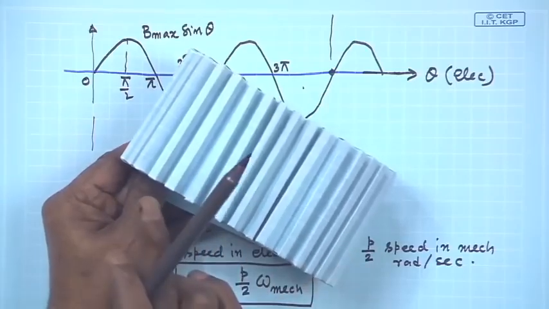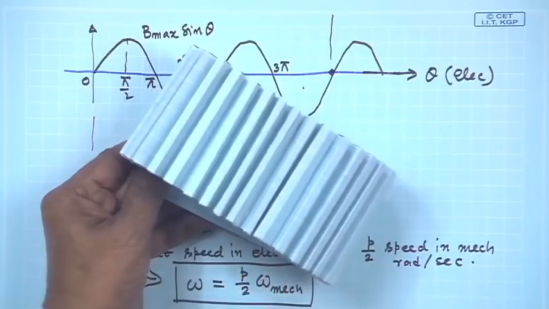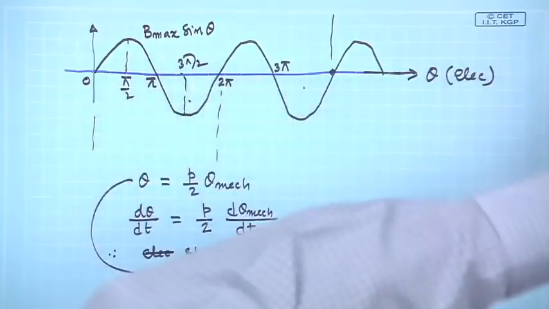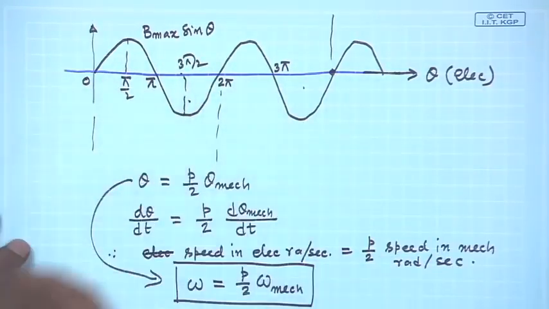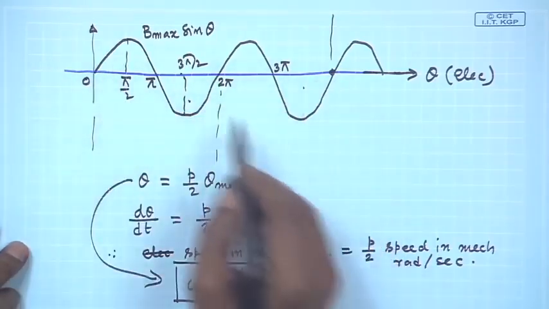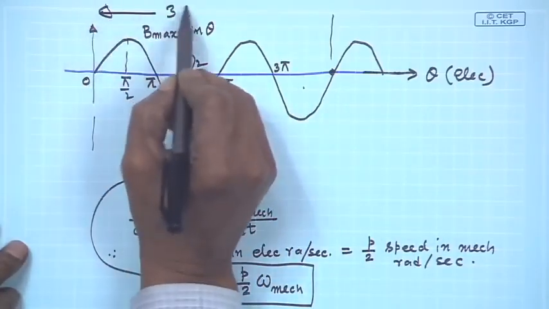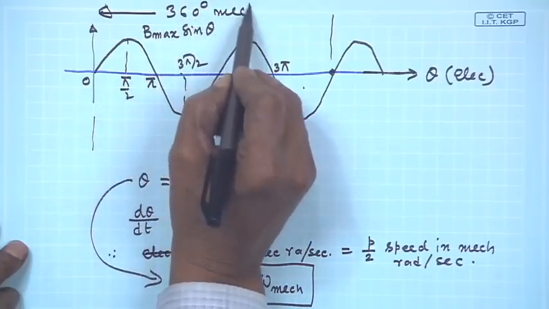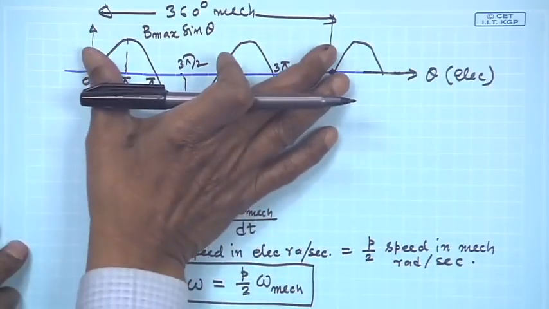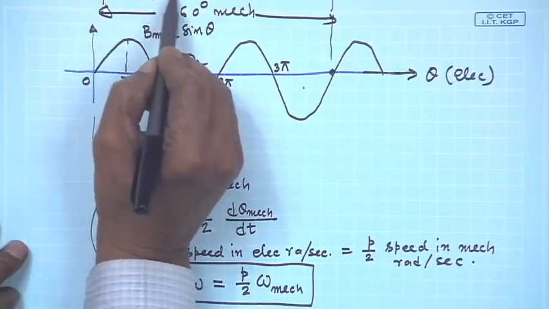Because that will then indicate an electrical angle of 180 degrees and you are ensured it will be under the next opposite pole, the south pole. Therefore, let it be a 4 pole machine. This is 360 degree mechanical, but 360 degree mechanical means 720 degree electrical, one and the same thing.